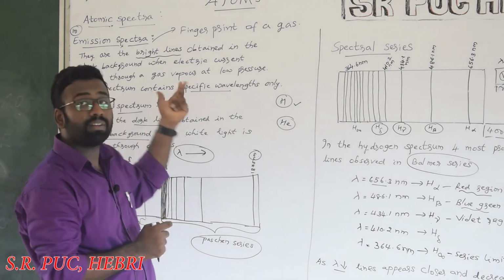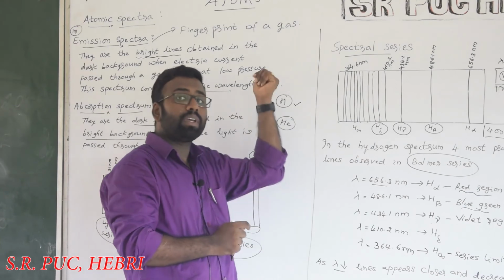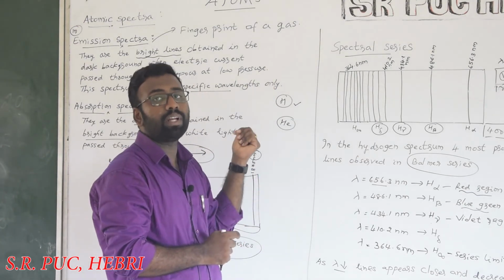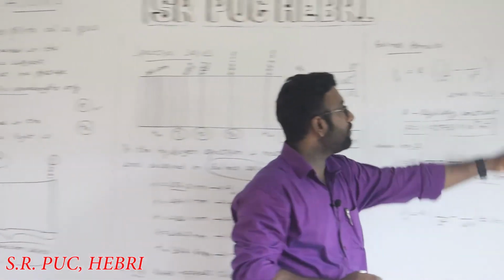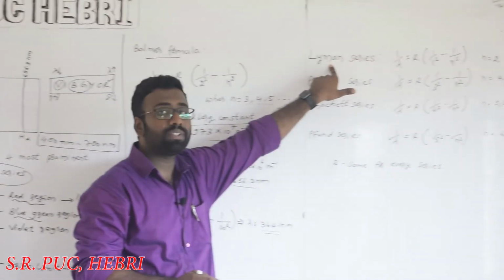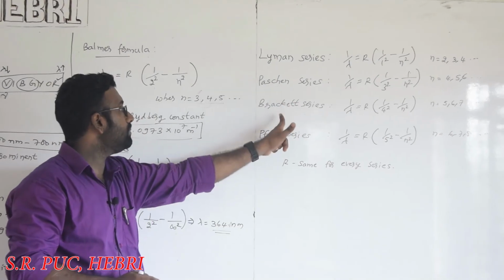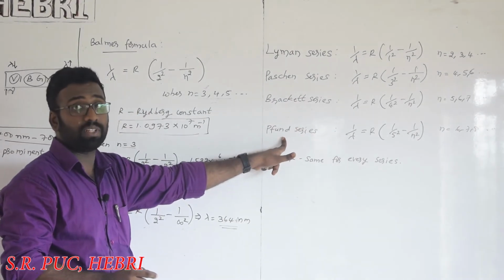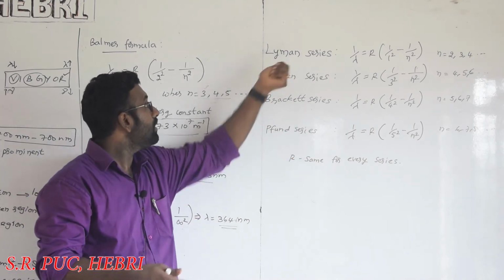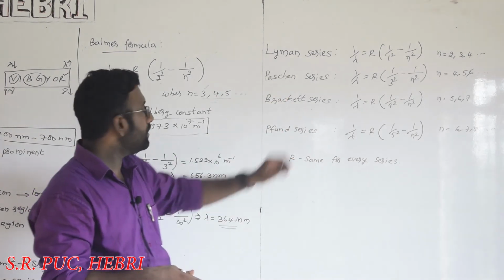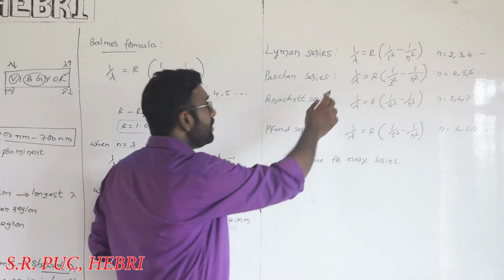So wavelengths correspond to each other in emission as well as absorption spectra. Now we will see the formula for the Lyman series and the Paschen, Brackett and Pfund series. These are the next coming series. We will discuss them properly later; for now we will just see the formula.